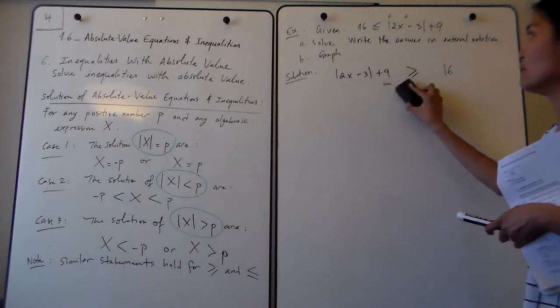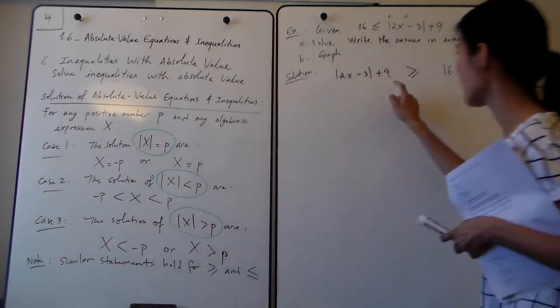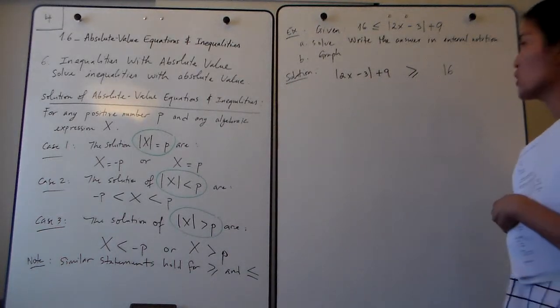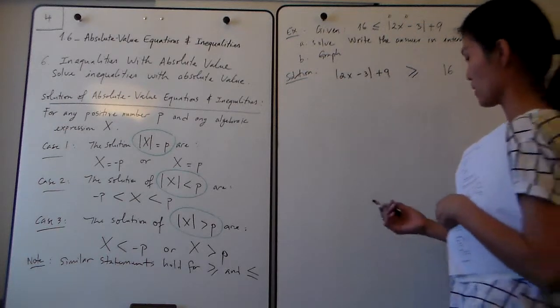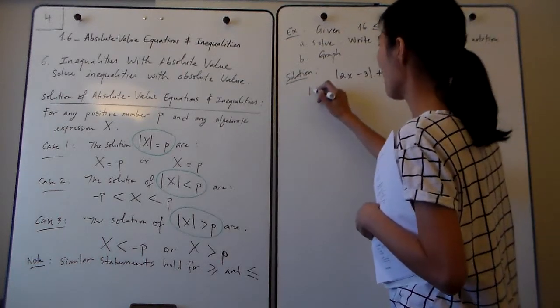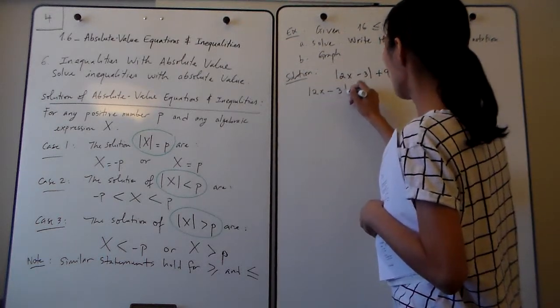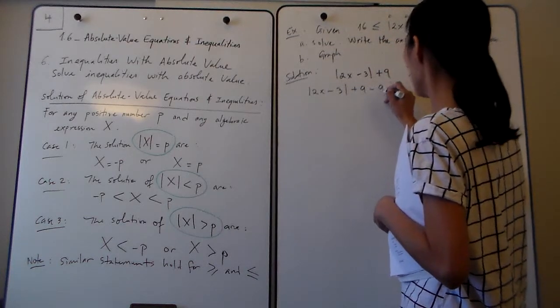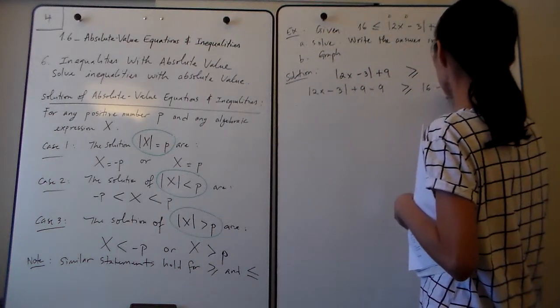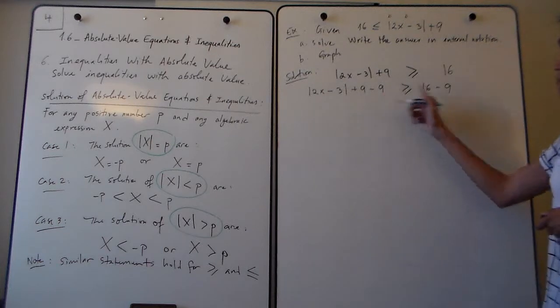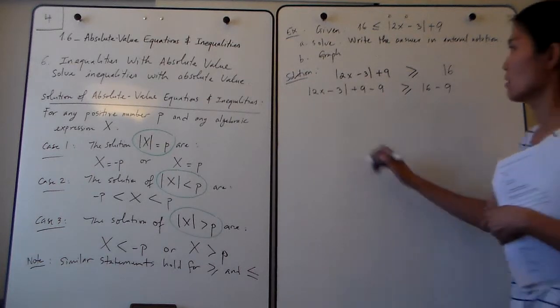So I need to eliminate plus 9. How do I do that? Using the addition principle, right? Subtract 9 on both sides.